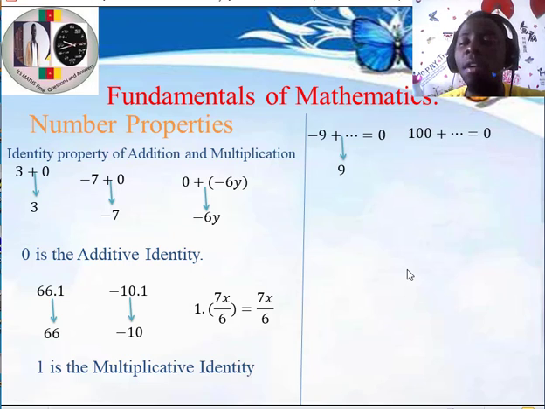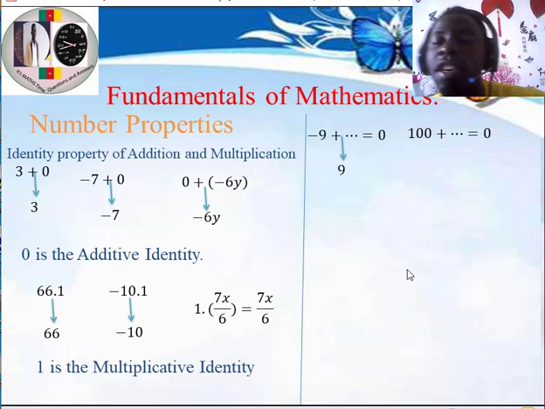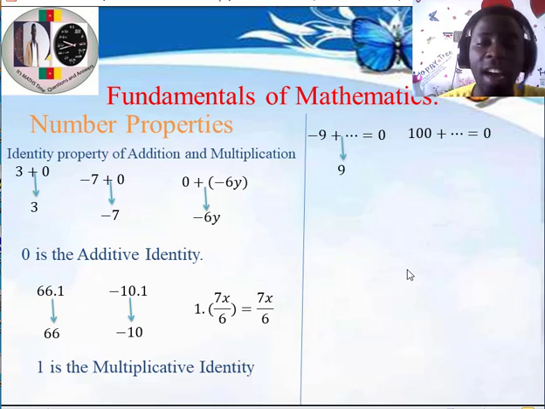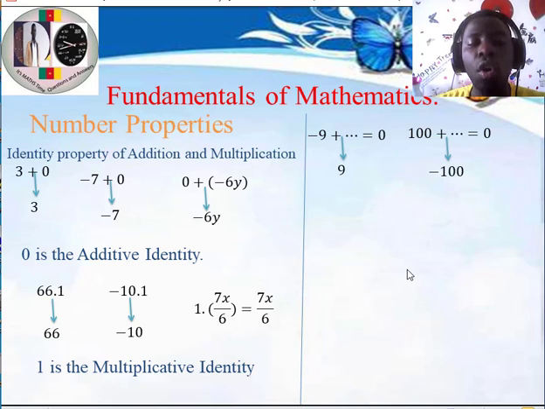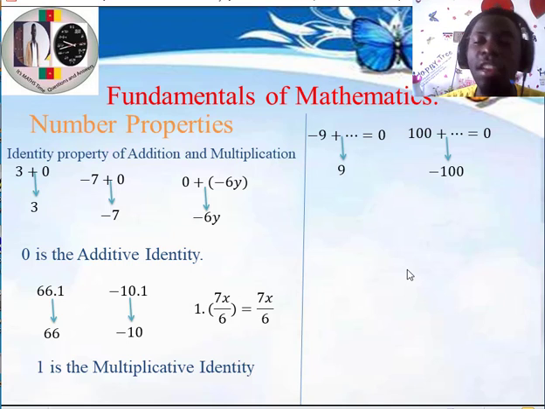What about 100 plus what is going to give us 0? We have seen that 100 plus minus 100 is going to give us 0. Therefore, we know already that 0 is the additive identity of any number. So we can restructure this question as minus 9 plus what is going to give us the additive identity, or 100 plus what number is going to give us the additive identity.